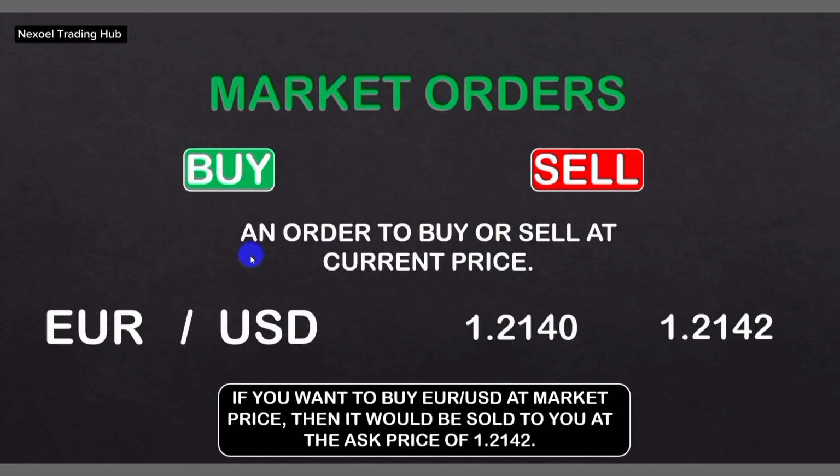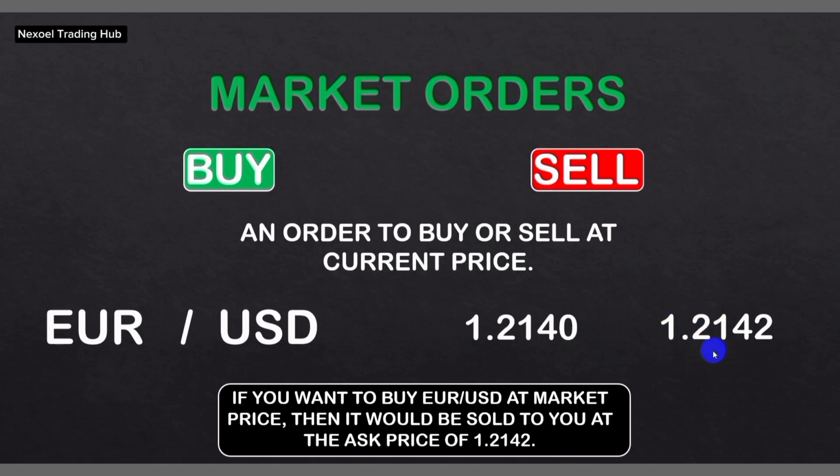So basically, in the chart here, we have the EUR/USD. This is the bid price and this is the ask price. The moment you turn on your MT5 or MT4, this is the current bid price, and this is the current ask price, and then you click on market execution. You're executing that trade at this particular ask price.